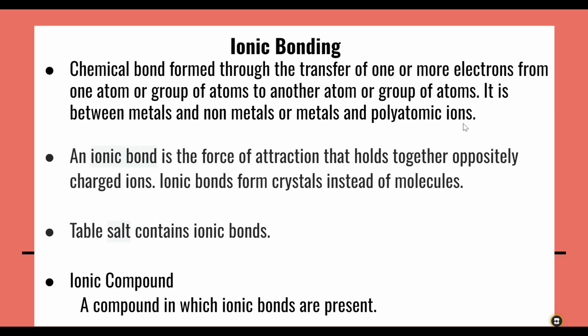Okay. So an example is table salt, which contains ionic bond. You saw sodium chloride, sodium and chlorine, they bond together. That's the common salt we use. So an example of a compound which contains ionic bond is sodium chloride, or all of the examples you saw so far. Okay.